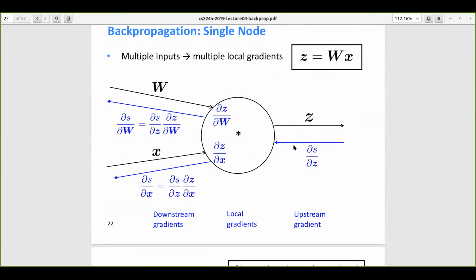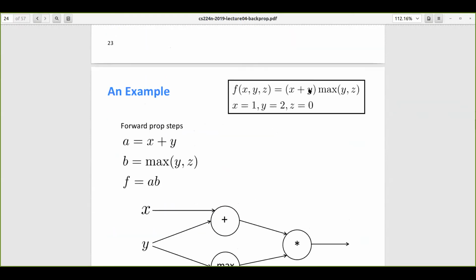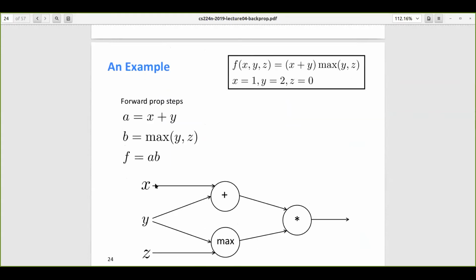Here we are given an example. If this is the function that we want, here is a function f equal to ab, and that's what we are going to consider. Where a is x plus y, b is the max of y and z, and f is a function of a and b.